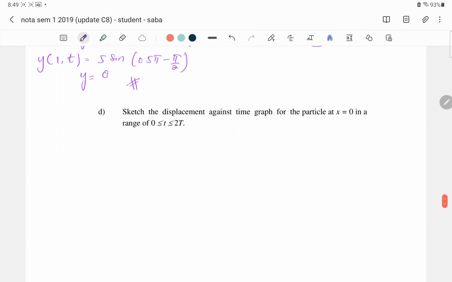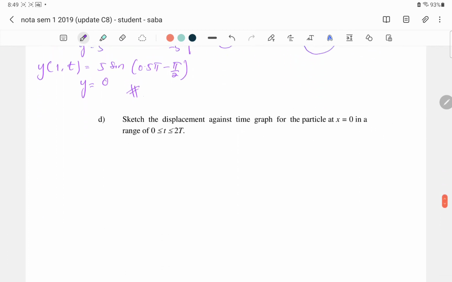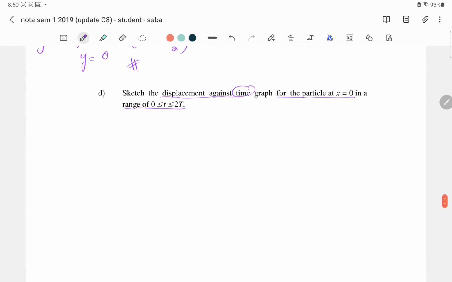Okay, seterusnya untuk D, sketch the displacement against time. Tadi displacement against distance. This one is displacement against time for the particle x equal to 0 at the range of 0, t and 2t. Okay, again we use the same equation. Y x t equal to a sine omega t minus kx.